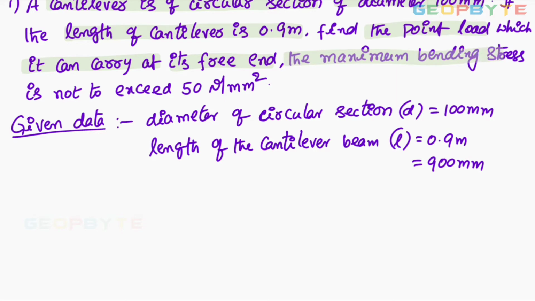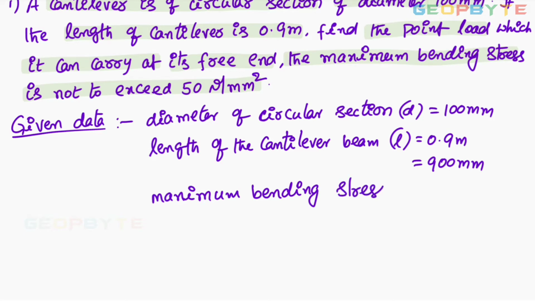The maximum bending stress is not to exceed 50 Newton per mm square. Here maximum bending stress, sigma equal to 50 Newton per mm square.